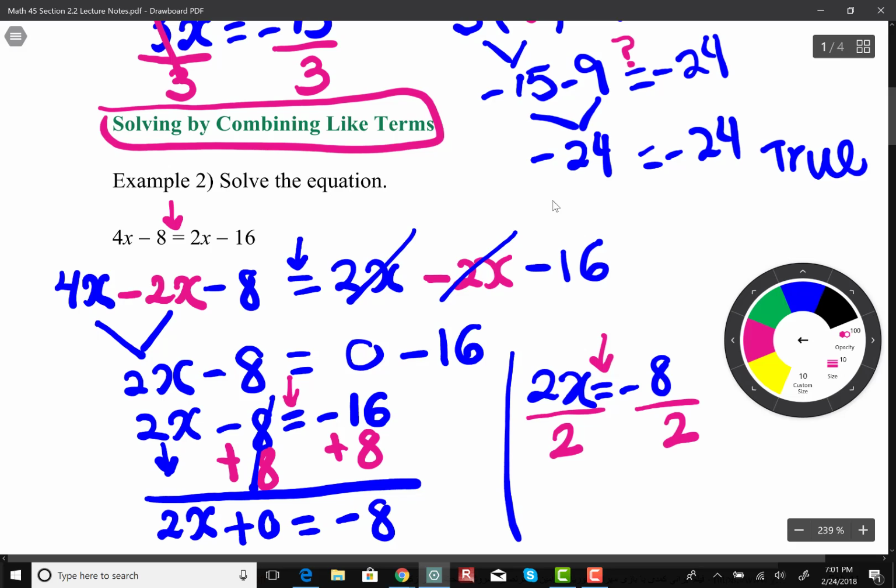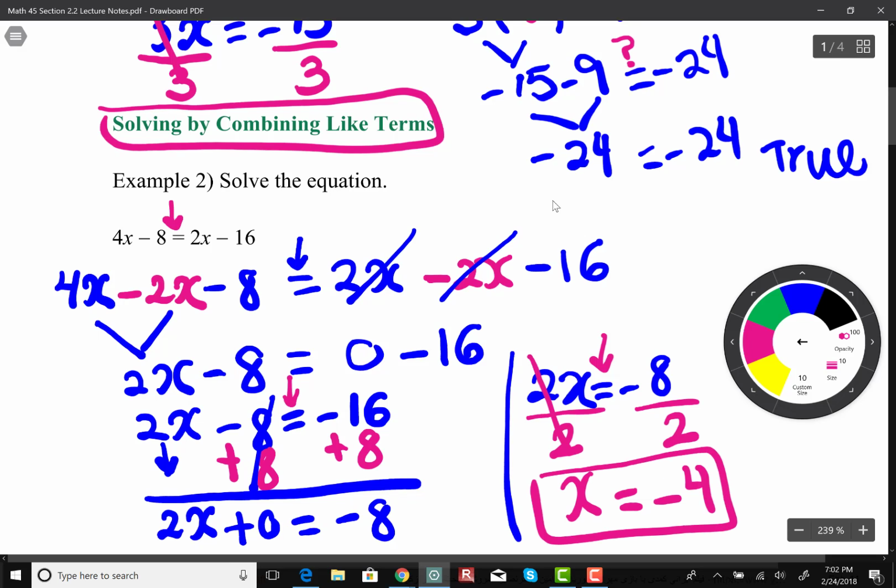If you divide one side by 2, you have to divide the other side by 2. This gives me 1x, so I'm just going to write x, and then this would be negative 4, because the signs are different. So that should be the solution.